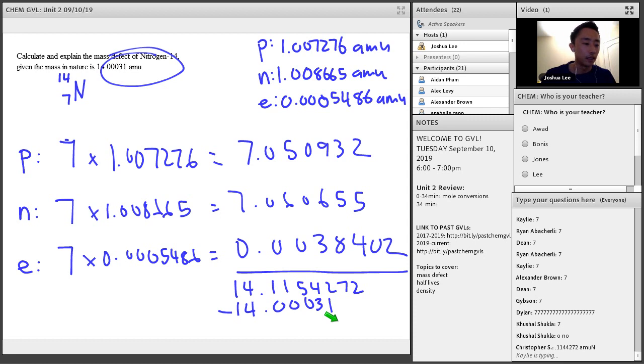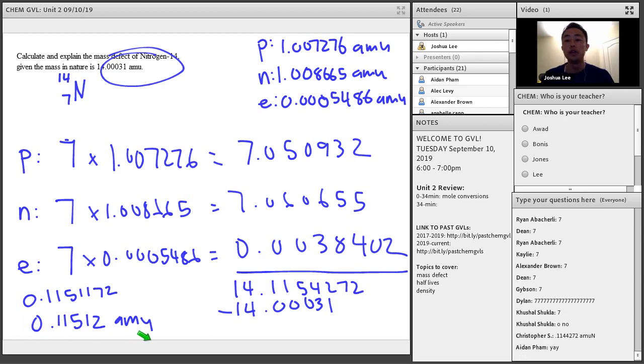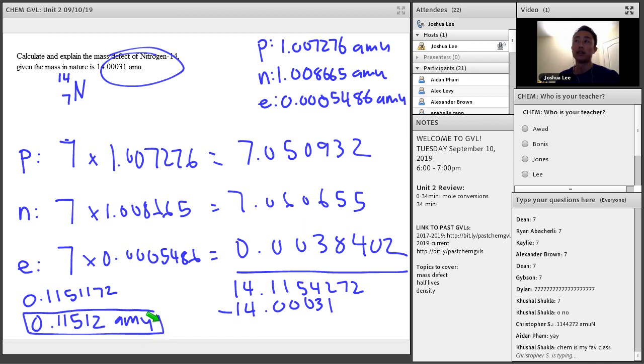And then we get a mass defect of 0.1151172, but with correct sig figs, 5 past the decimal, 0.11512 AMU. And then you should be able to explain what this is. You would say something along the lines of, this is the mass that got converted into energy to hold the nucleus together.